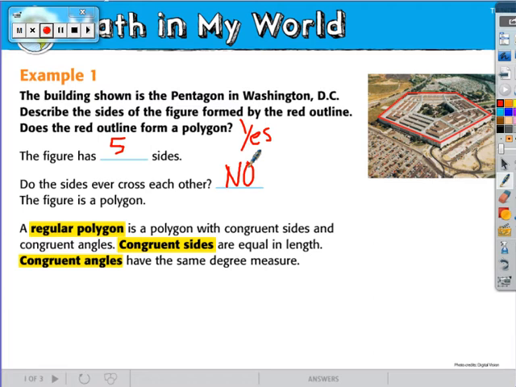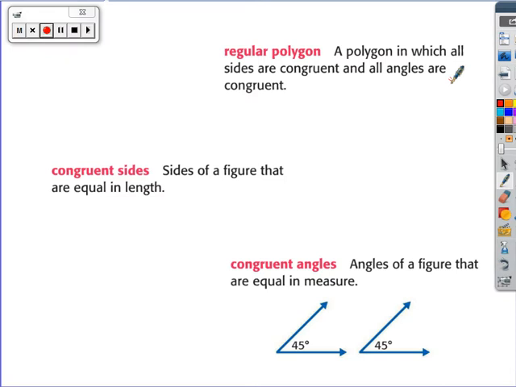Okay. Now, a regular polygon is a polygon with congruent sides and congruent angles. Congruent sides are equal in length. Congruent angles have the same degree of measurement. So, here it is. All the angles and sides are congruent.